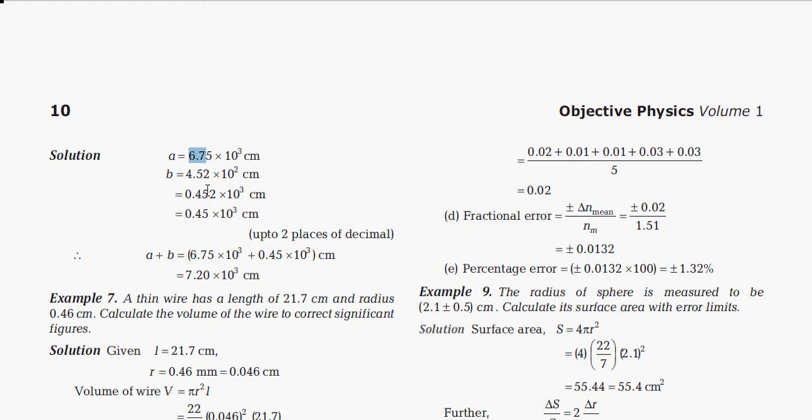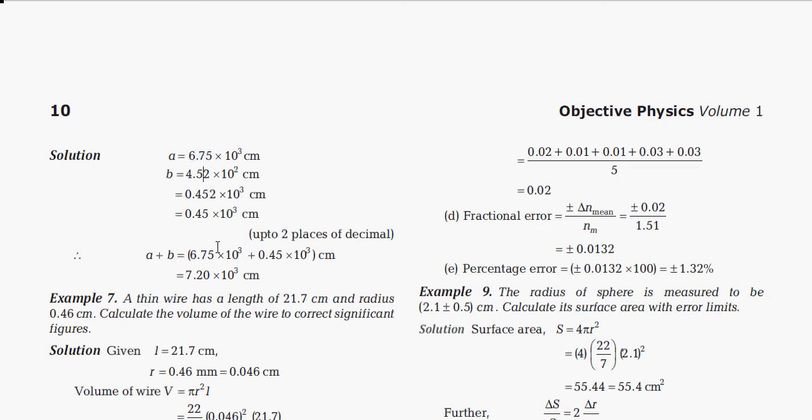Why up to 2 decimals? While doing addition or subtraction, we have to check the least number of values after the decimal. There it is 6.75, so after the decimal there are 2 digits, and here after the decimal there are 3 digits. So we have to take up to 2 digits only, the least number.